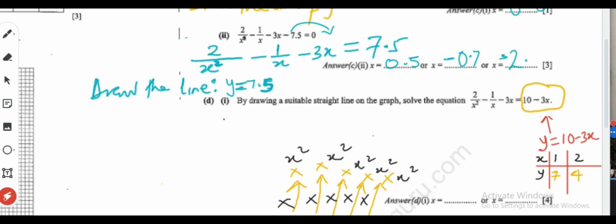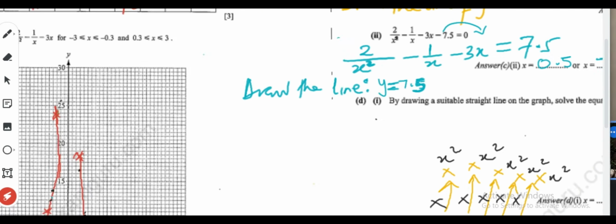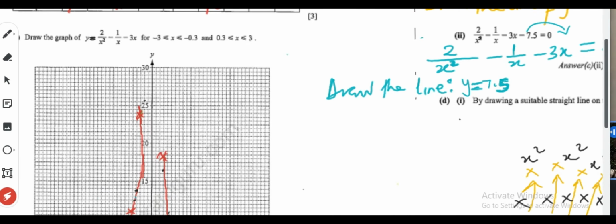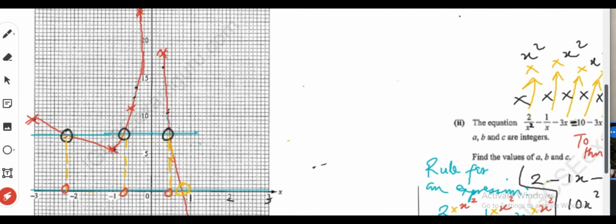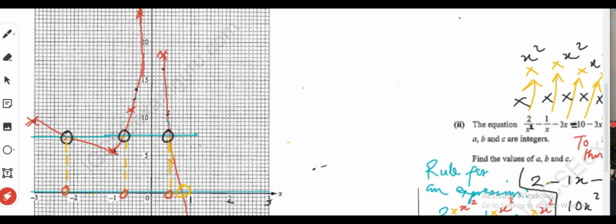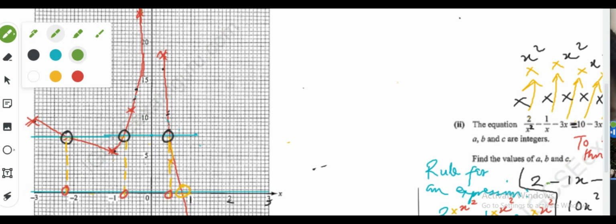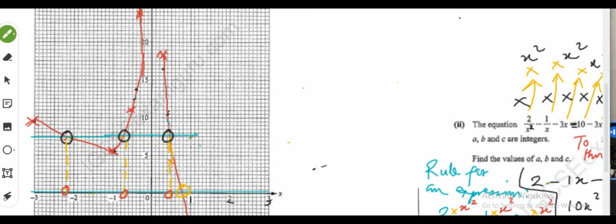Let's plot 1 and 7, 2 and 4. 1 and 7 should be somewhere here. Let me plot with the green marker. Then 2 and 4 should be somewhere here.